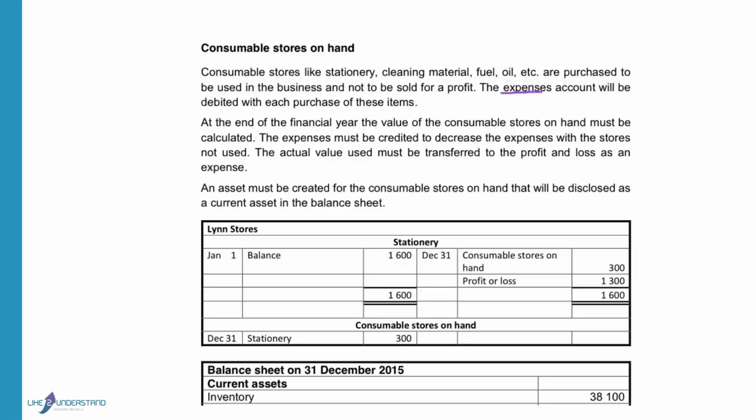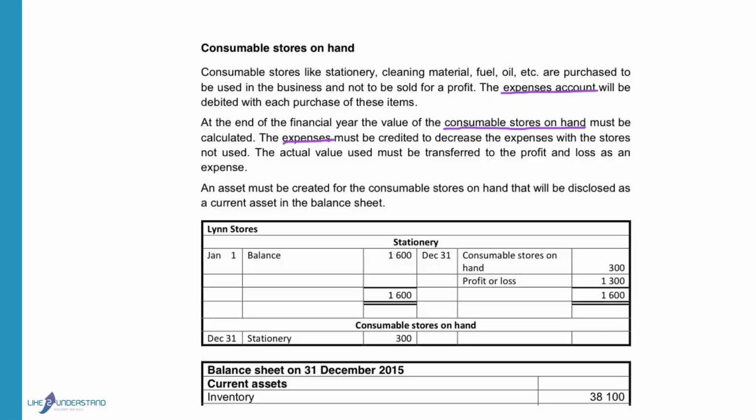So if we buy cleaning material, we will debit cleaning material. If we buy stationery, we will debit stationery. At the end of the financial year, the value of all this consumable stores on hand must be calculated. If we have any left over, it means that we have to reduce this expense and indicate that we've got an asset, consumable stores on hand.